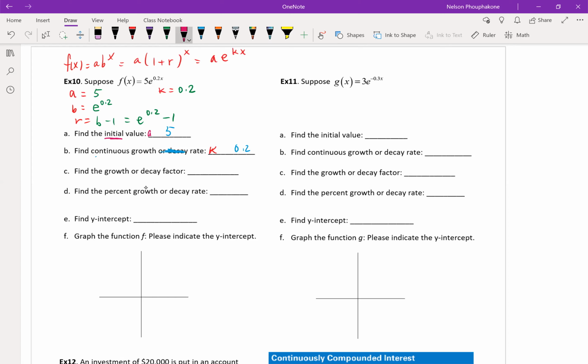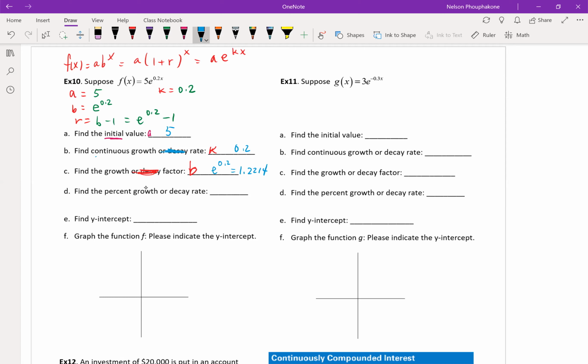Then we have the growth factor, which is b. In this case, b is e to the 0.2, or if you use your calculator, you will find that this is about 1.2214.